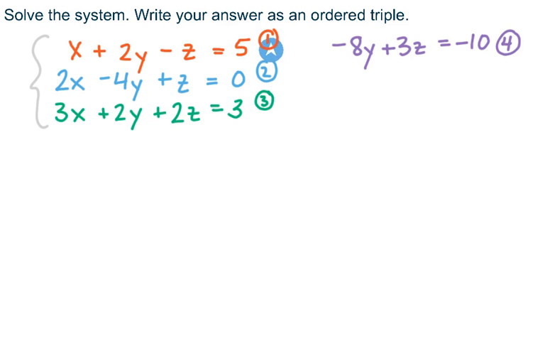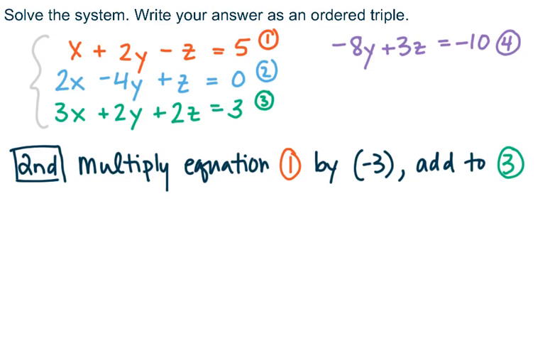I'm going to look at using equation 1 and equation 3, the top and the bottom equation. Since my x in equation 3 has a coefficient of positive 3, I need to multiply the top equation, equation 1, by negative 3. So this is our second step.